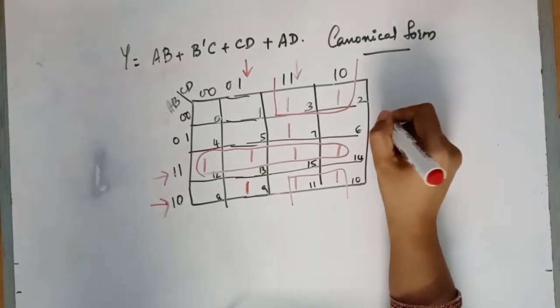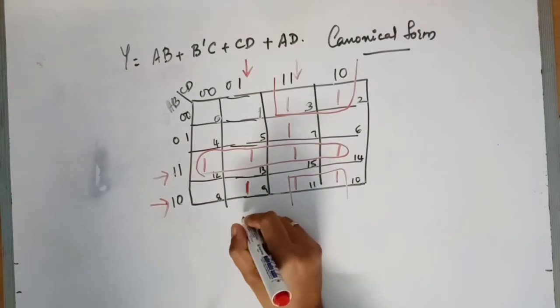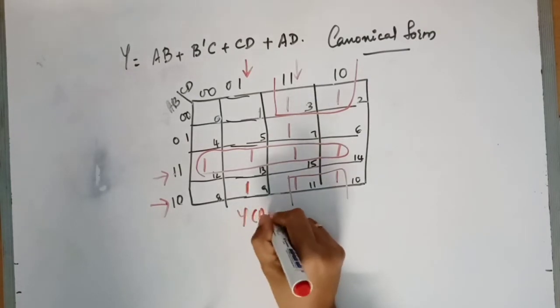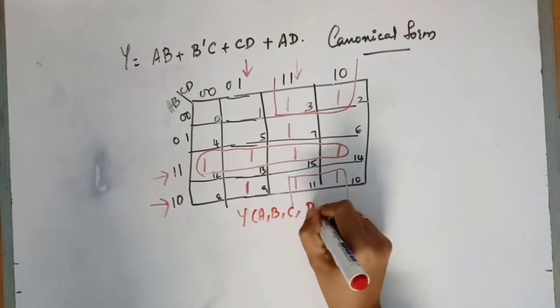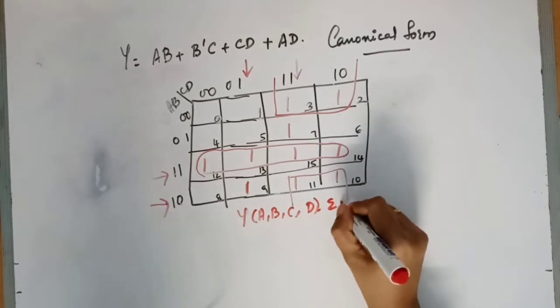Next we'll write the canonical form, that is y of ABCD equal to sigma m.